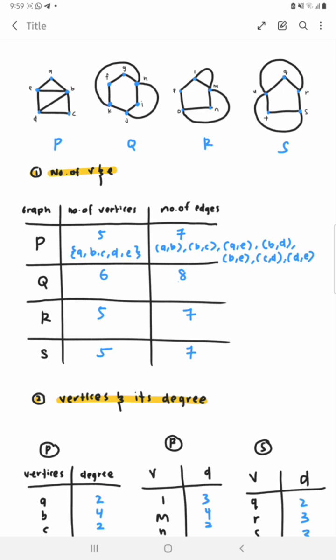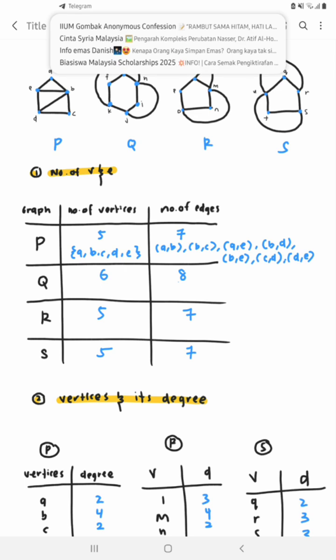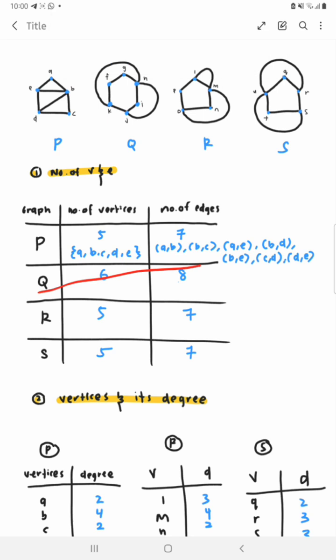The conclusion for step 1 is, we have to eliminate the graph that has a different number of vertices or edges. For example, in this example, you can see that the Q graph can be eliminated because the number of vertices and number of edges of every graph is the same but Q, right?